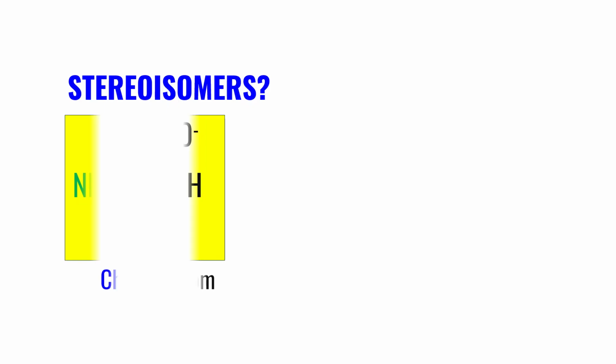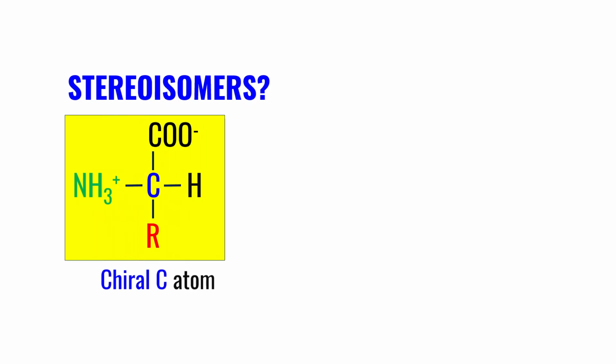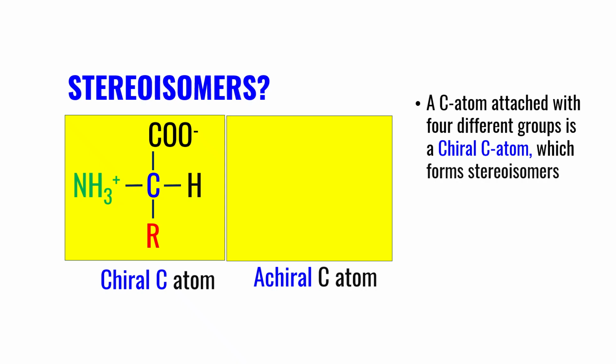Stereoisomerism or stereoisomers are the product of the chiral carbon atom. A carbon atom which is attached to four different groups is known as a chiral carbon atom or asymmetrical carbon atom. Such a carbon atom will form isomers. Two types of isomers we will explain in the next slide.